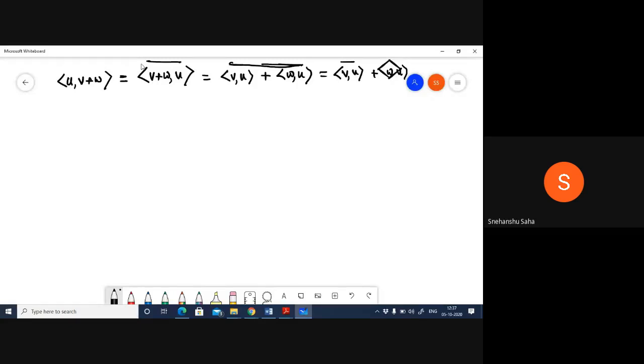And then what is this? This component is nothing but, from the same conjugate symmetry property, u inner product v, and this is nothing but u inner product w, and that's it. Similarly, you can show that the homogeneity property is also satisfied in the same manner.